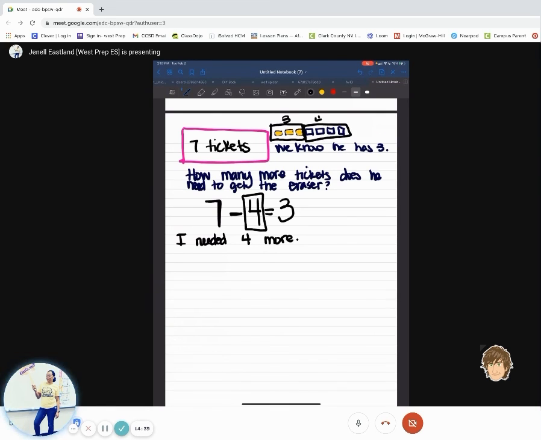So if you want, you can say 3 plus the 4 I was missing equals 7. Or 7 minus the 3 I have equals the 4 that I need. Does that make sense? Yes. Okay, so we're going to practice that some more today because we're still stuck on that, and that is okay, but we are going to practice it some more.